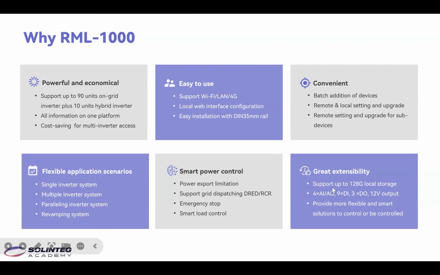It also supports local storage, with up to a 128 GB TF card, and multiple control interfaces: 4 sets of AI and AO, the analog input and analog output, 9 sets of DI, the digital input, 3 sets of DO, and a 12-volt output connector.